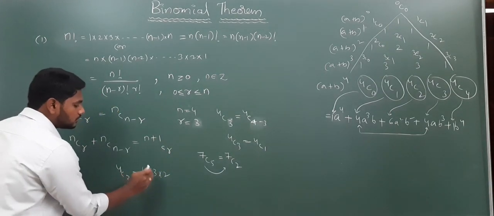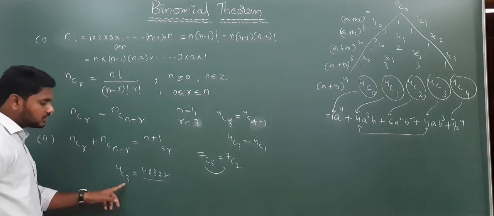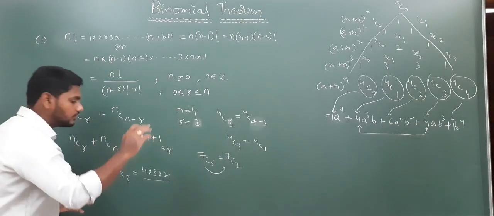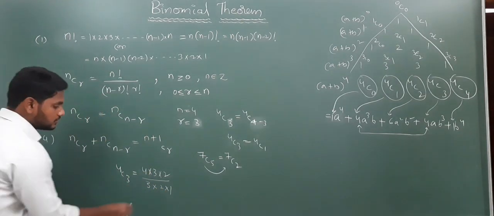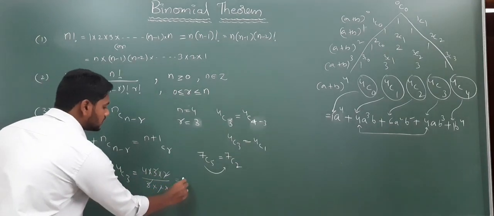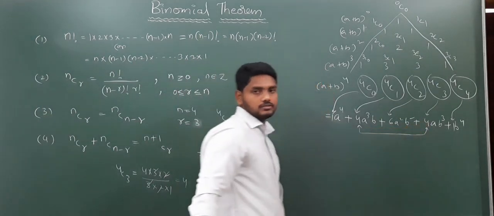That means 3 numbers: 4 into 3 into 2, divided by 3 into 2 into 1. Now you simplify, 3, 3, 2, 2 cancel. What is that? 4. That's the 4C3 value. Next.